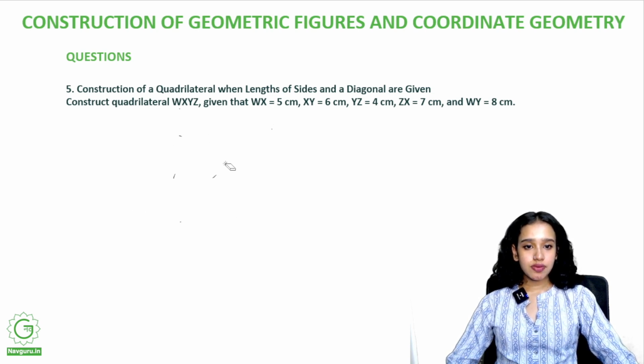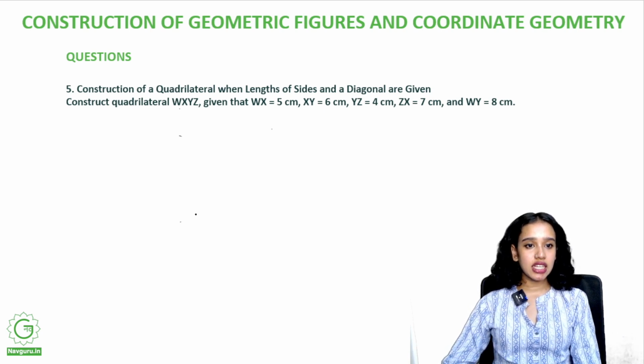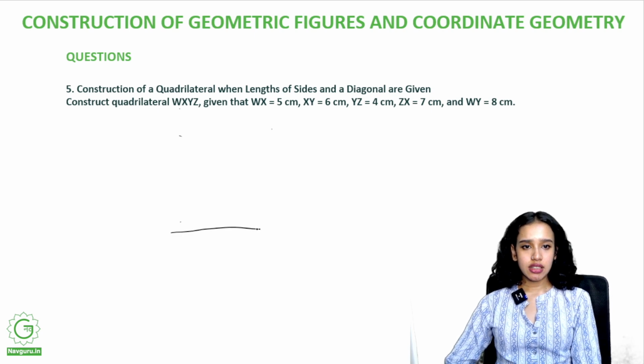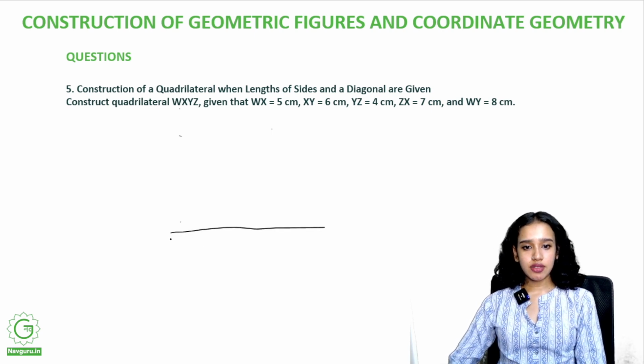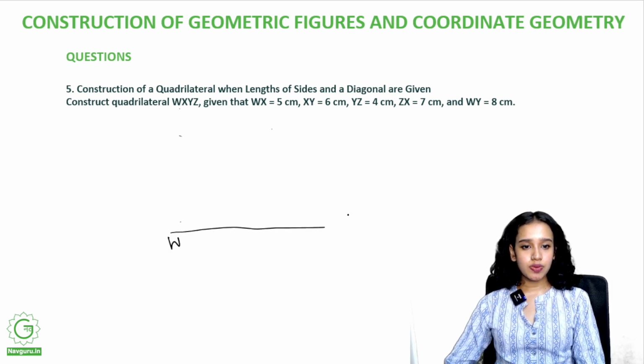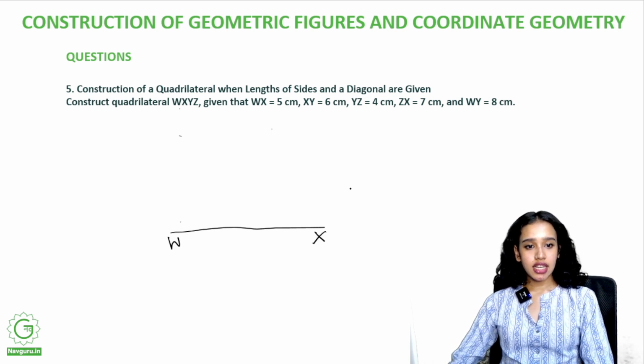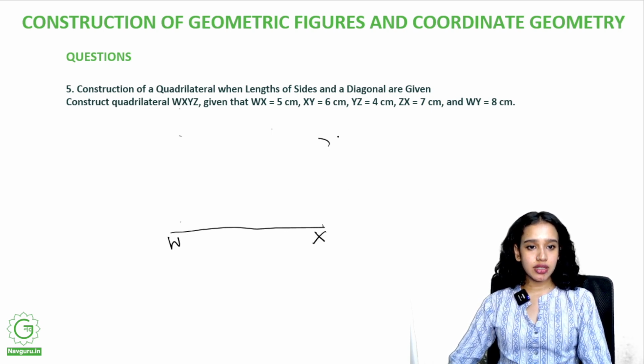So, we'll mark anything as the base, like we could take anything, right? Now, we have WX, XY is given as 6 centimeter, drawn 6 centimeter arc here, right? So, this is 6 centimeter.